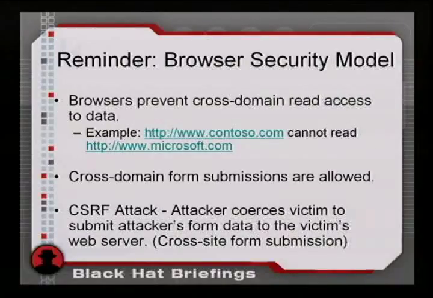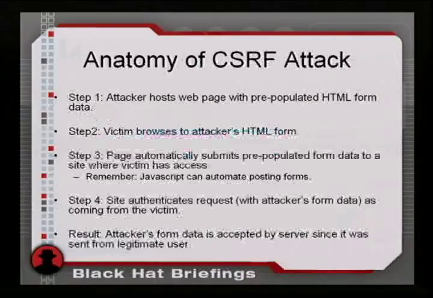However, there are cross-domain posts allowed. So in this example, www.contoso.com can make a form submission to www.microsoft.com. So in the cross-site request forgery attack, the attacker coerces the victim to submit data that he's supplied to the target web application.